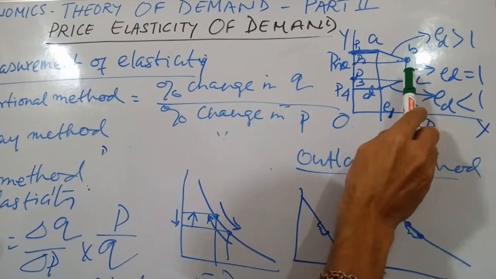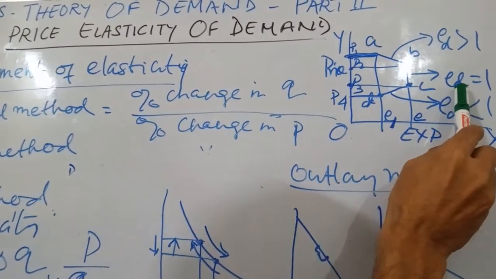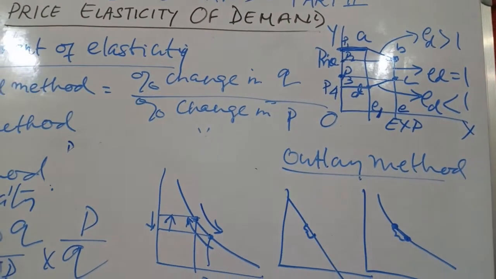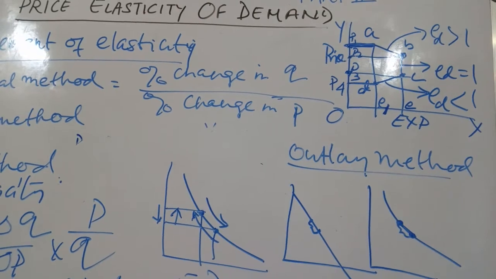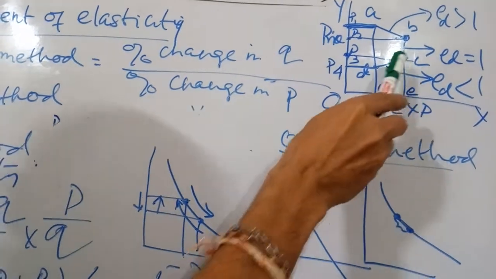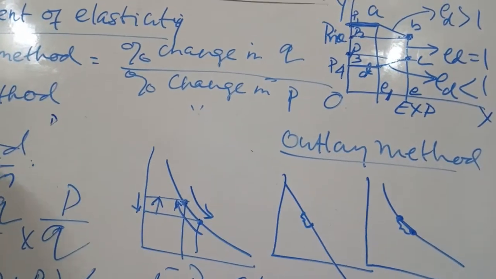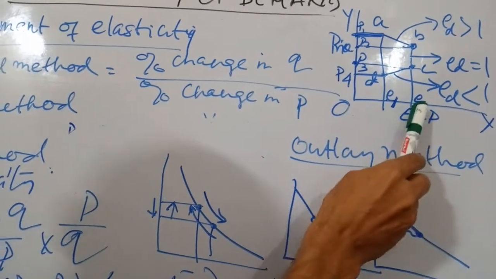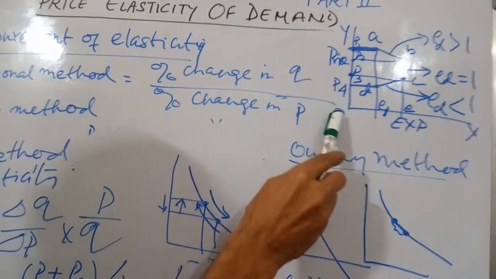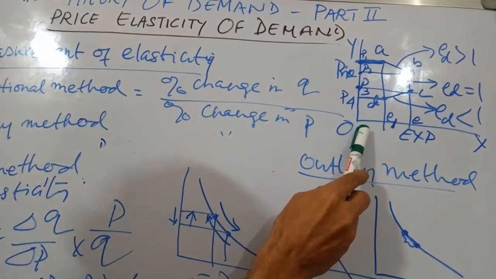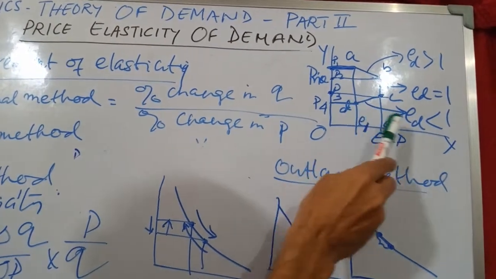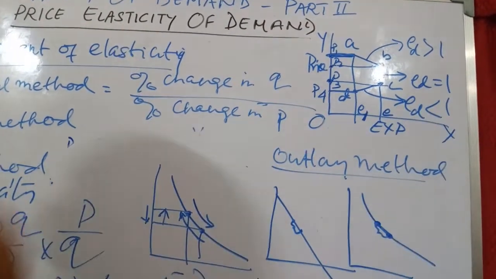So movement from B to C is elasticity equal to 1. And when price further falls from P3 to P4, that is when the movement takes place from point C to point D, expenditure falls from OE to OE1. So price is falling and expenditure is also falling. So between C and D, elasticity is less than 1.